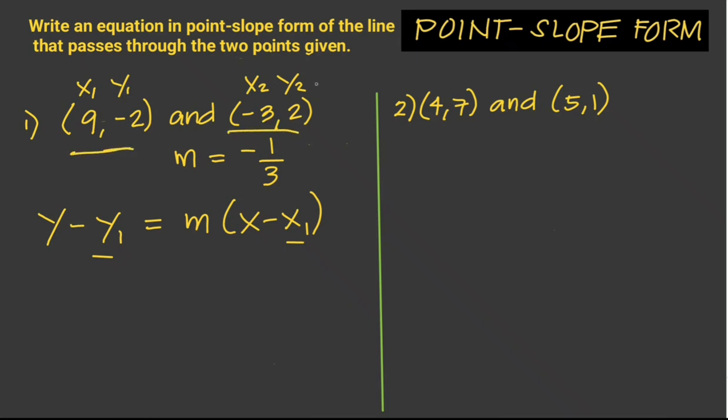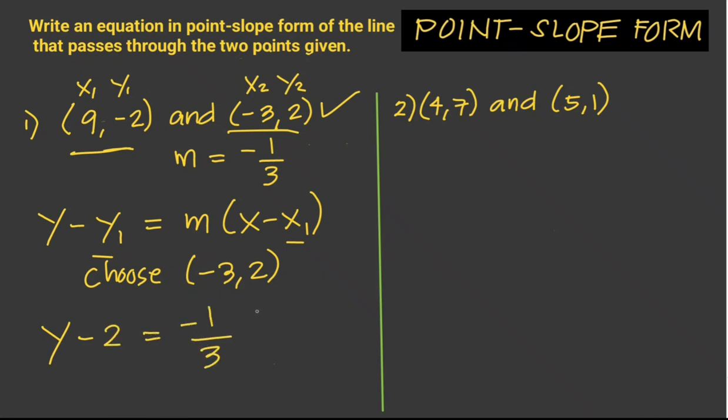So let's say I'll choose this one, negative 3 and 2. So we can write that as y minus 2 equals negative 1/3 times x plus 3, because that is x minus negative 3, so that will become x plus 3. So this is our point slope form of the equation.